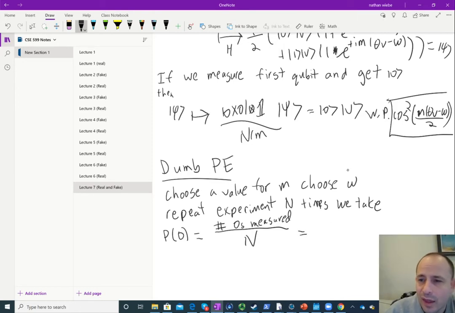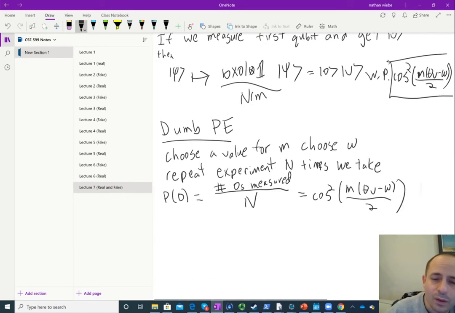Now this is equal to cosine squared of (m theta_v minus omega) over 2. Okay.